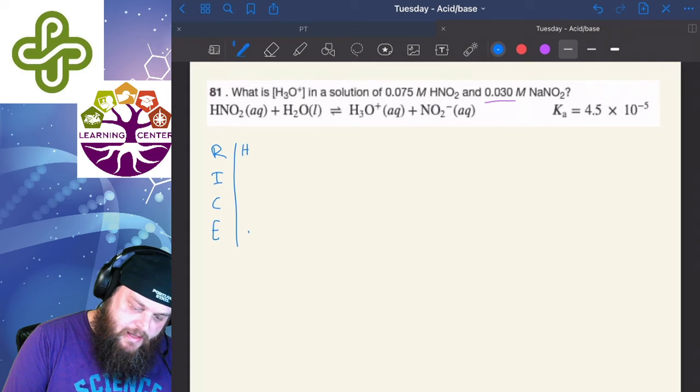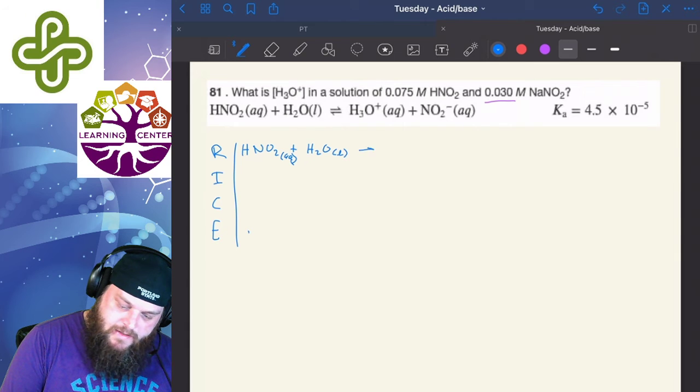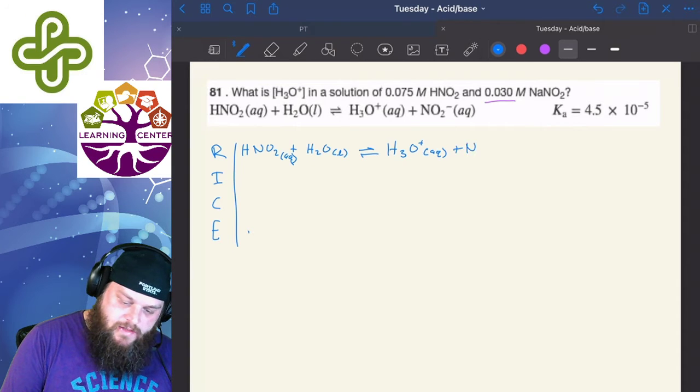That's going to be HNO2 plus H2O. This is a liquid. This is aqueous. Is in equilibrium with H3O plus aqueous plus NO2 minus aqueous.